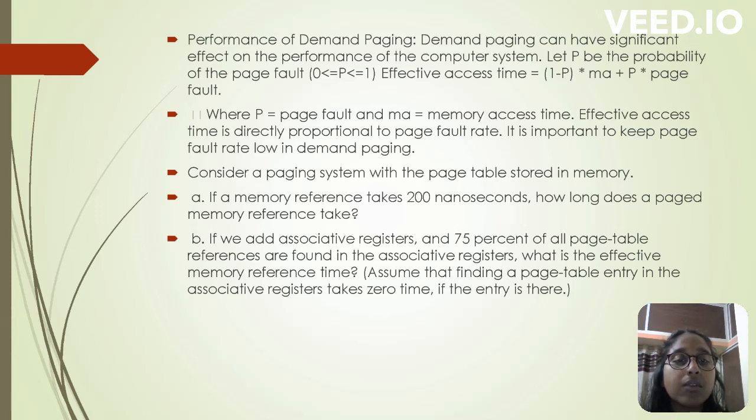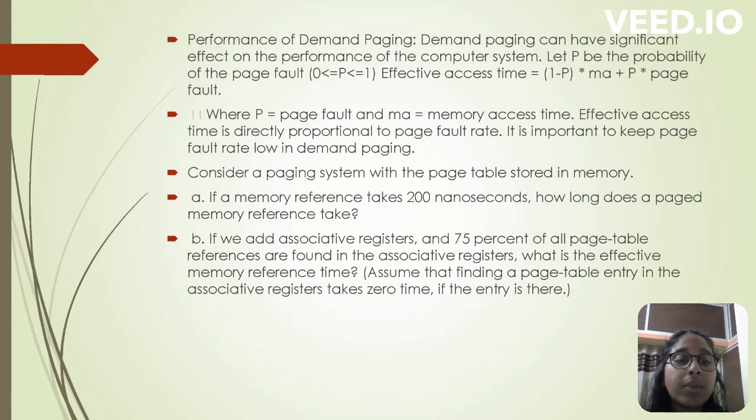Consider a paging system with the page table stored in memory. If a memory reference takes 200 nanoseconds, how long does a paged memory reference take? If we add associative registers and 75% of page table references are found in the associative registers, what is the effective memory reference time?